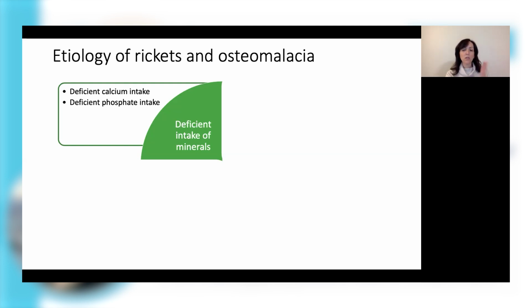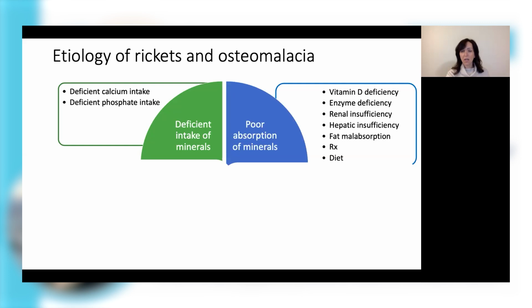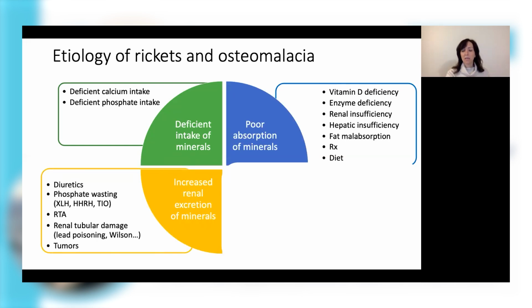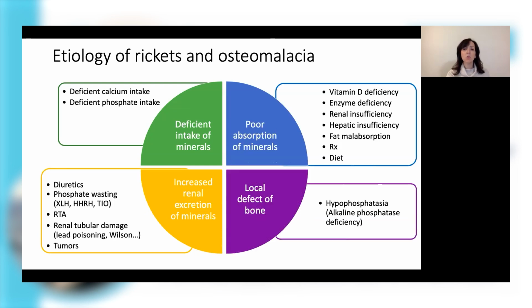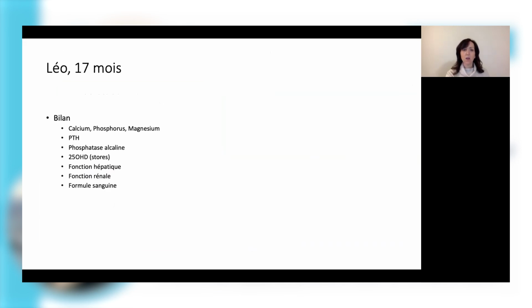But when you consider it step by step, you see that rickets and osteomalacia can be either because you lack the calcium or the phosphate, or you have it but you're not absorbing it well, or because you're losing it or wasting it in some way, and that usually tends to happen at the kidneys, or because there's a local defect in bone.